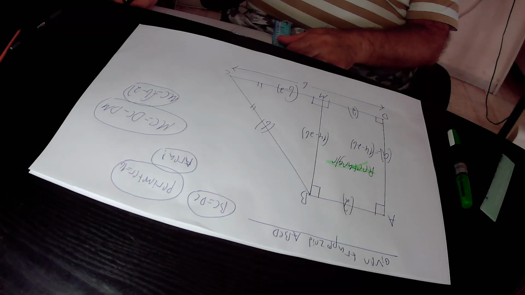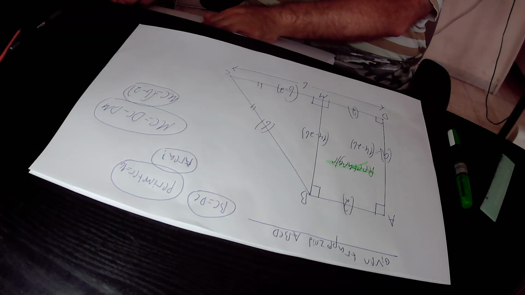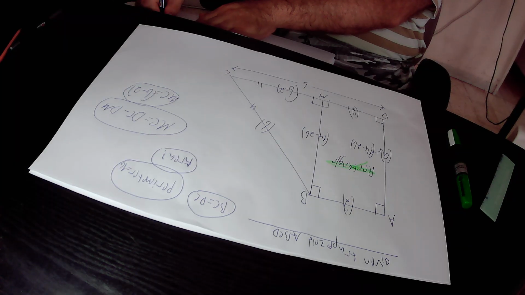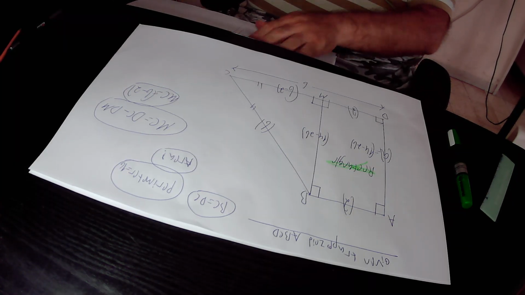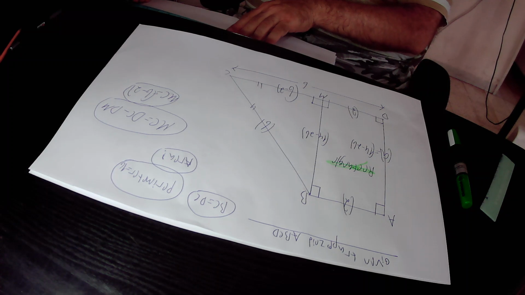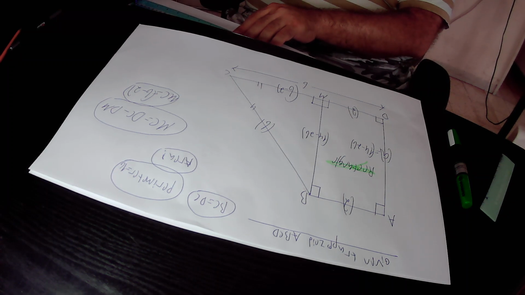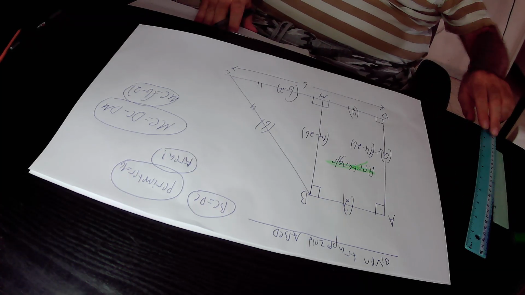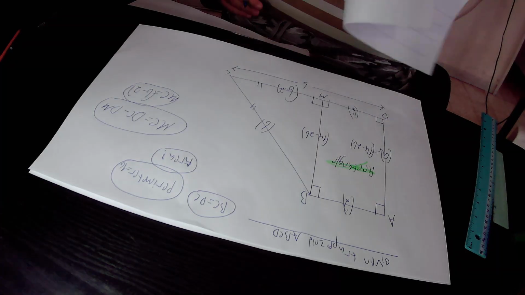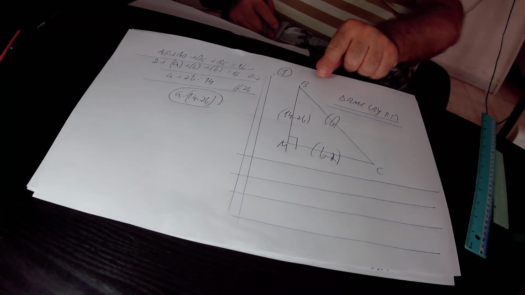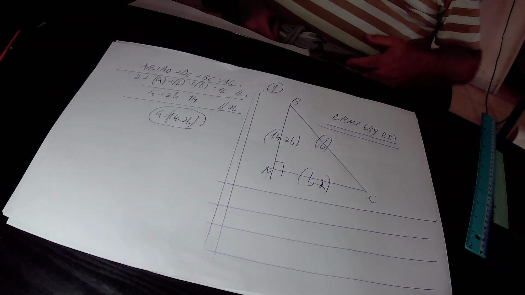Here PT is short for Pythagoras theorem. Actually, this is the right triangle BMC that I copied from the original drawing.